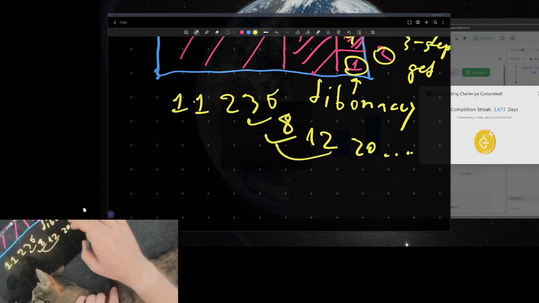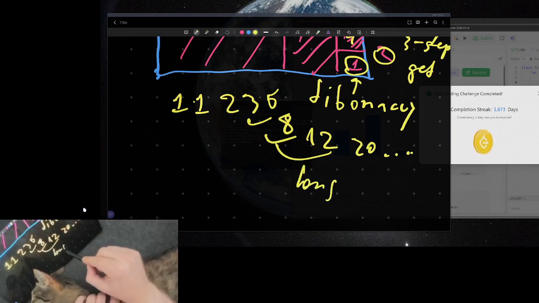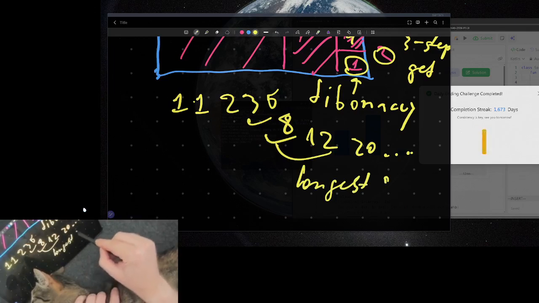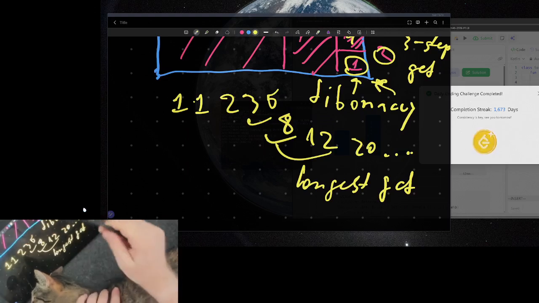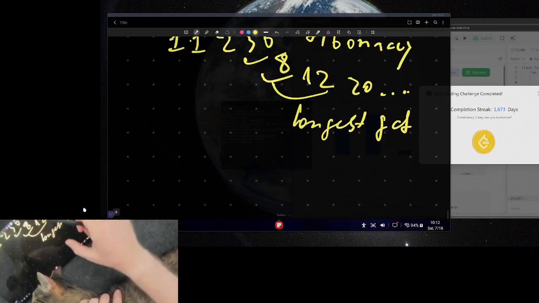This is the Fibonacci sequence, and it gives you the longest number of steps required to find the GCD. And the GCD of consecutive Fibonacci numbers is always 1.